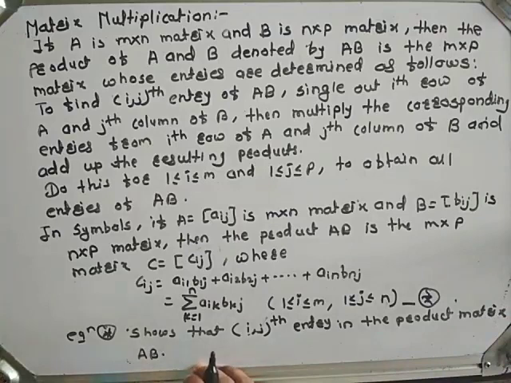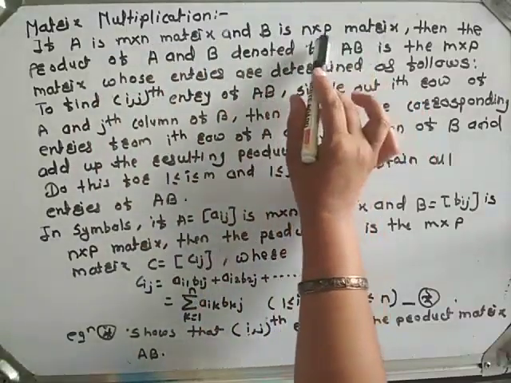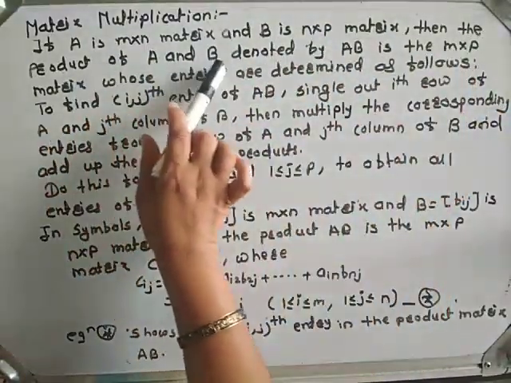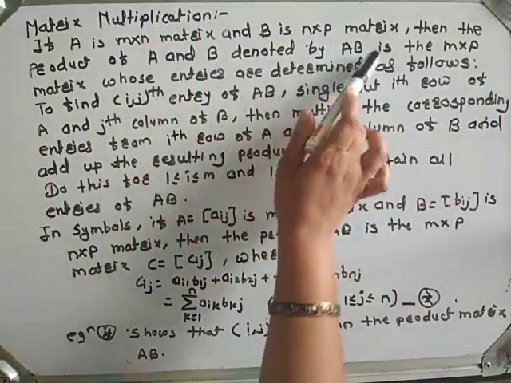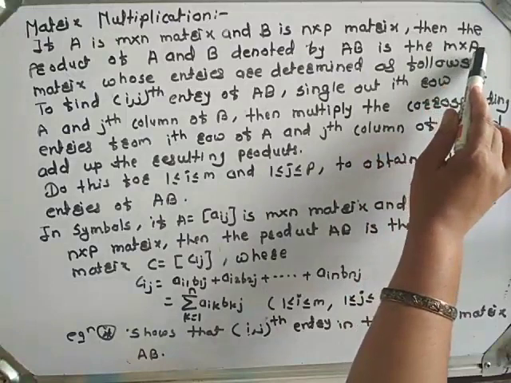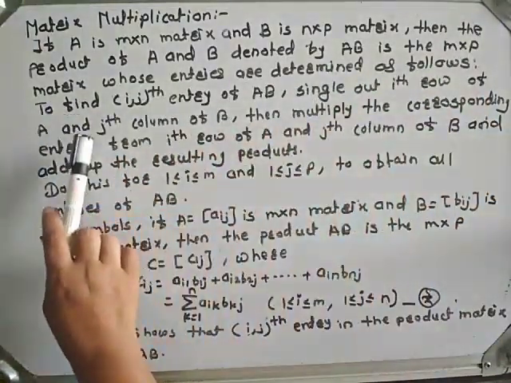So, what is matrix multiplication? If A is an m by n matrix and B is an n by p matrix, then the product of A and B, denoted by AB, is the m by p matrix whose entries are determined as follows.